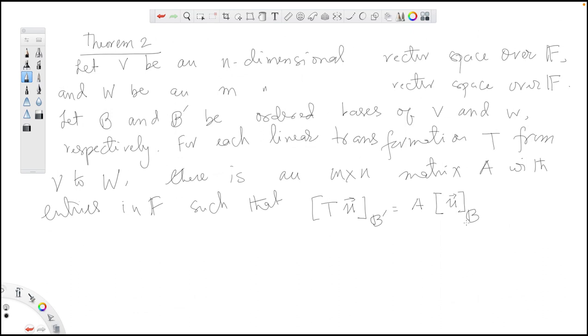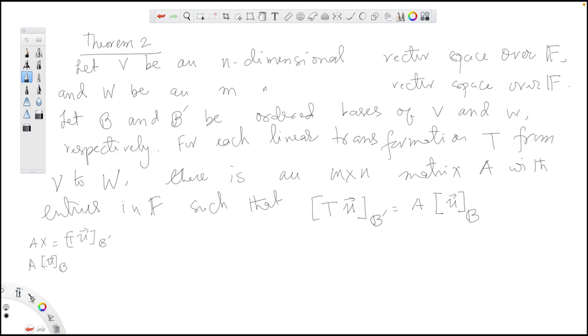Okay, so remember that we found earlier that AX was equal to the coordinate matrix of Tu relative to B prime, but we have chosen X to be, we denoted by X, the coordinate matrix of the vector u relative to the basis B, right?